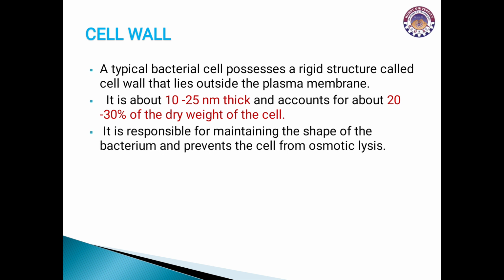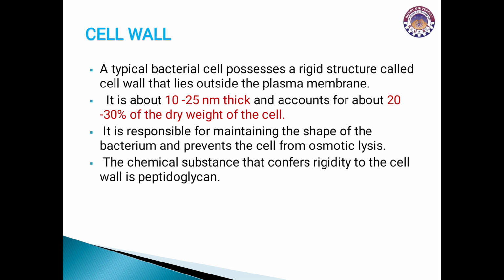It is responsible for maintaining the shape of the bacteria, and it prevents the cell from osmotic lysis, meaning breakdown. The chemical substance that confers rigidity to the cell wall is peptidoglycan. It is the strongest polymer found in the prokaryotes.